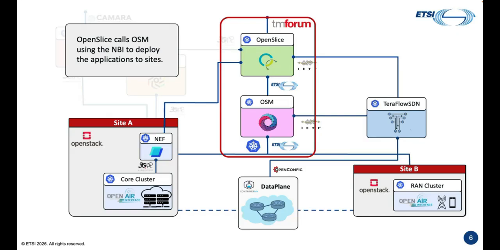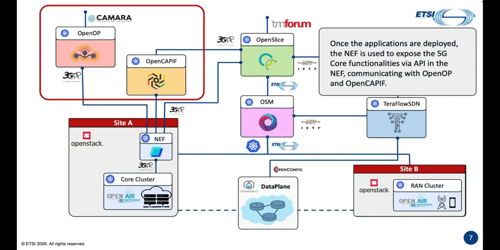And once you have deployed the applications on the different sites, some of the applications, in this case the NEF, the network exposure function, through that network exposure function, you are going to expose the core functionalities via API.